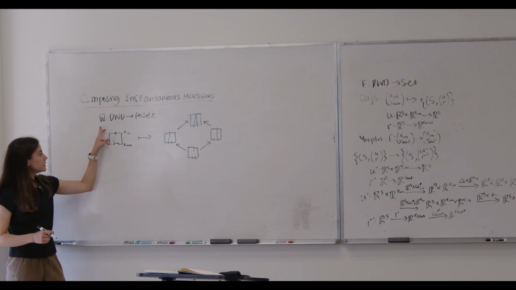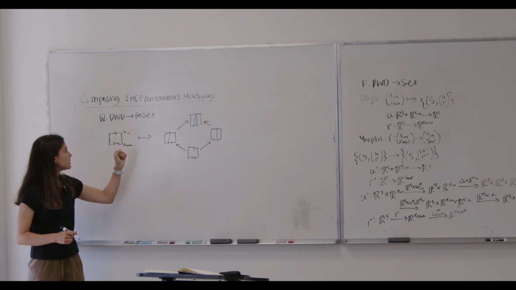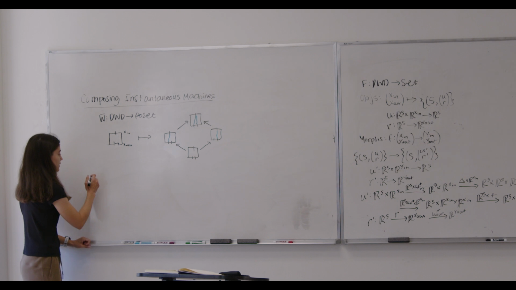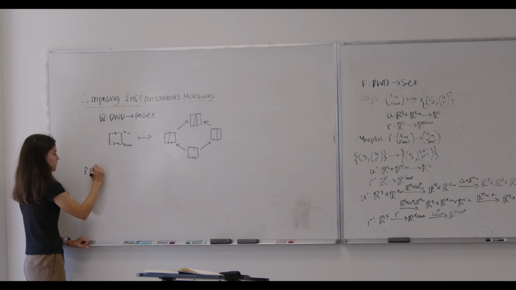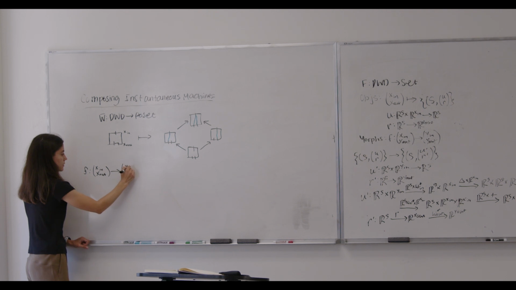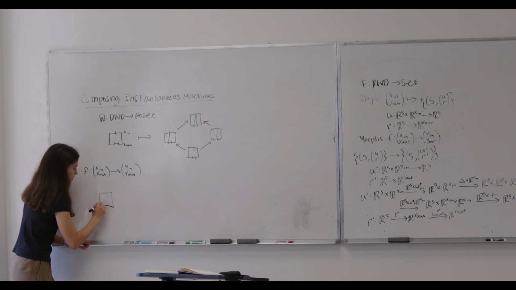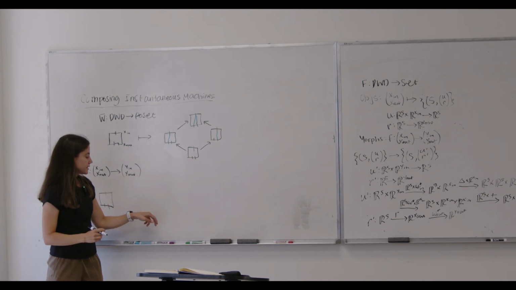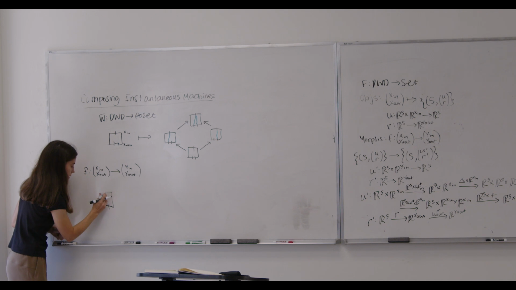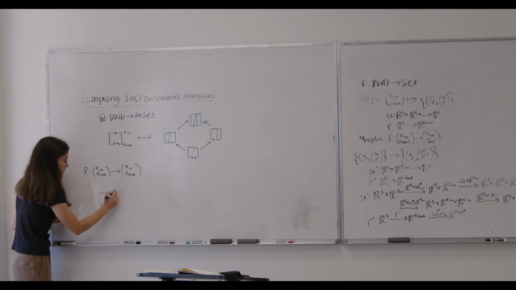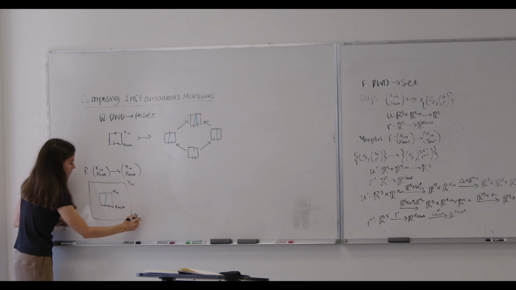And so now we need to define it on morphisms. So let F be a morphism in DWD. And so now we can draw it. So if we take, let's say, some dependency here, and let's have, this is x in, x out. And now we have some y in, y out.